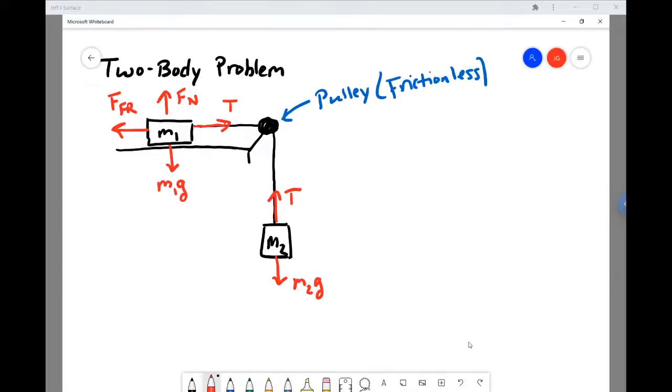William was asking about... I'm not 100% sure what William is asking, but in a problem such as this, you can sometimes think of the whole thing, M1 plus M2, as one system, so that the total mass is M1 plus M2.